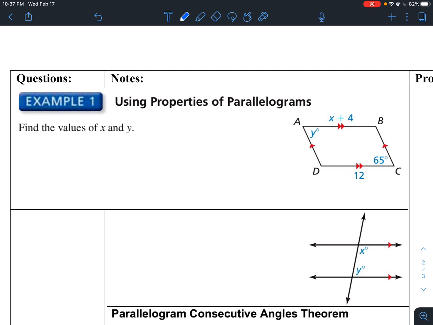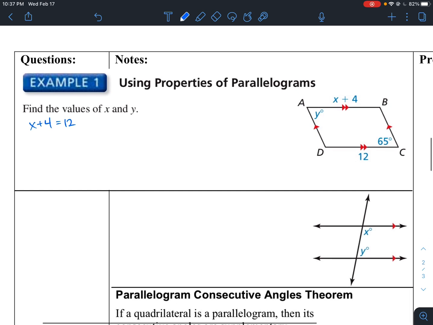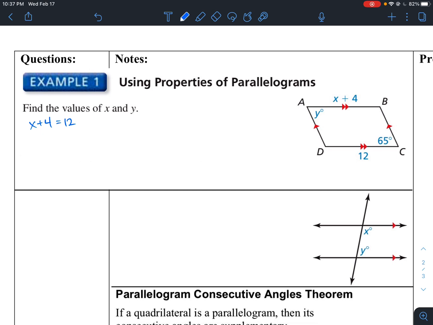Because this is a parallelogram, and we can tell it's a parallelogram because the opposite sides are parallel, that means I know that the sides are congruent to each other. So I know that x plus 4 is equivalent to 12. And then I also know that these opposite angles are congruent.